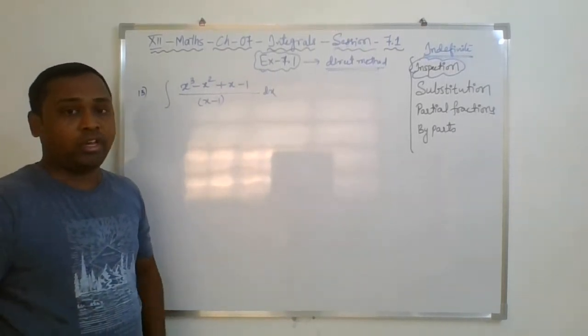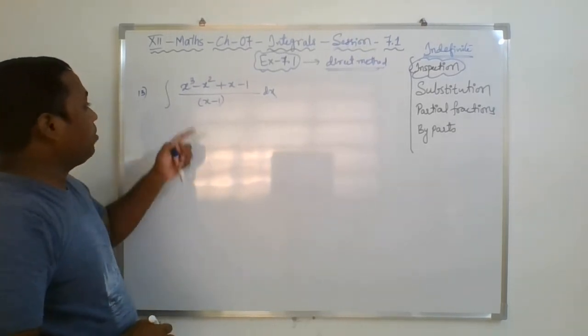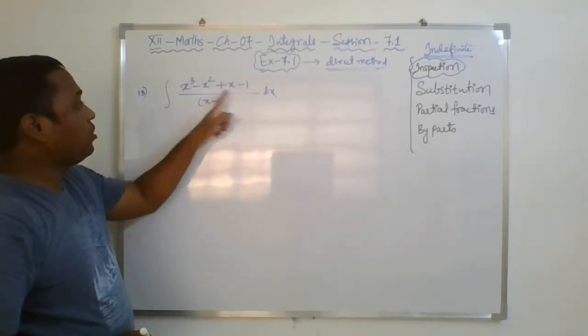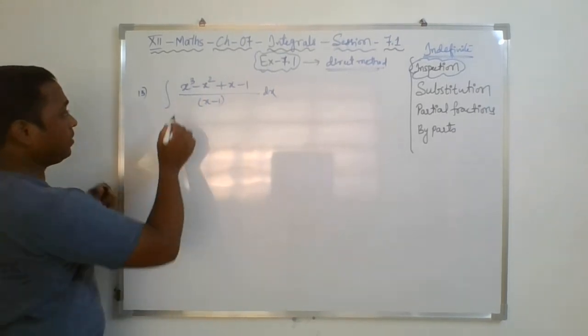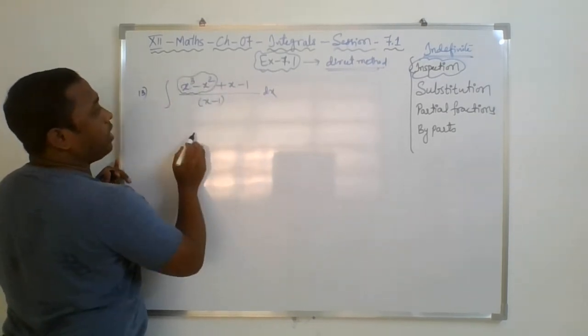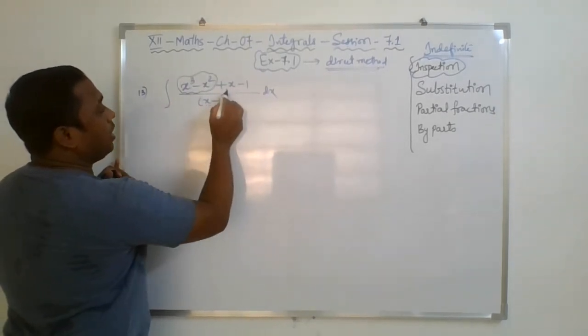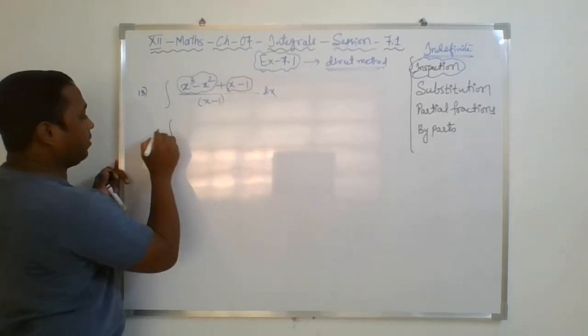There is no use. You can do that, but there is no use, right? If you observe closely the numerator, it is factorizable. From the first two terms, I can take x square as a common factor, and from the next two terms I can take 1 as a common factor.